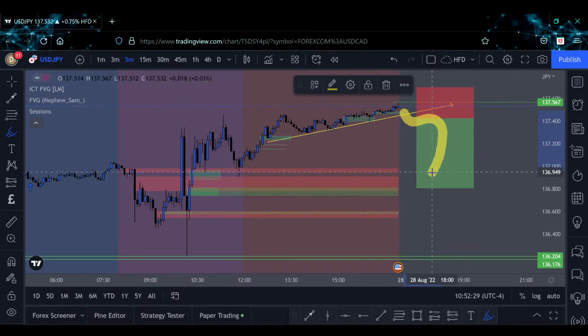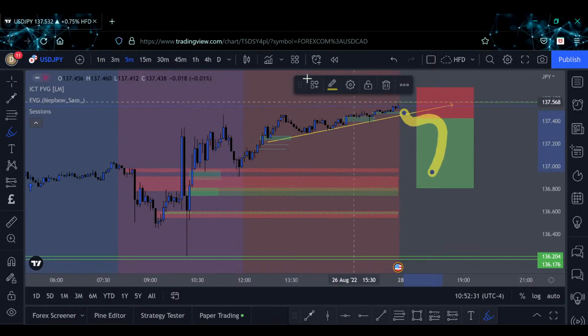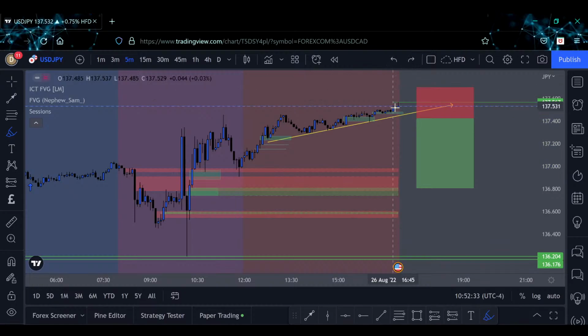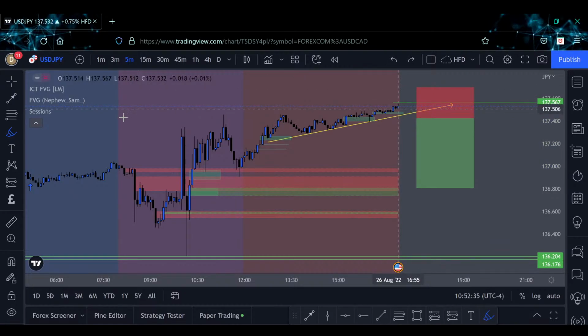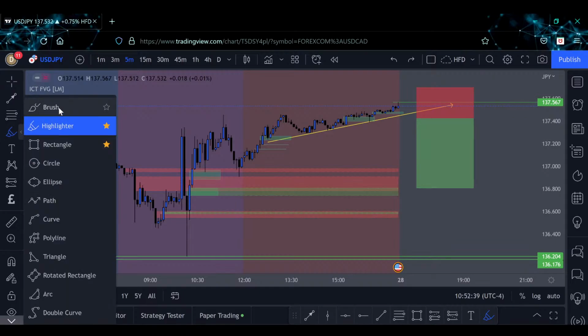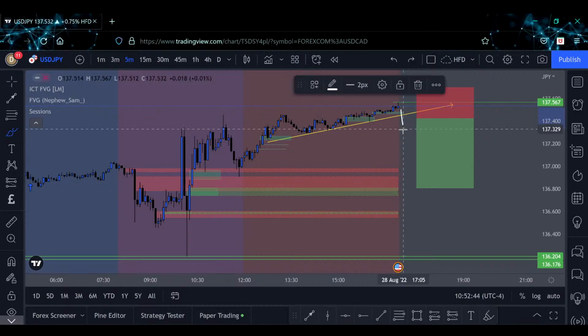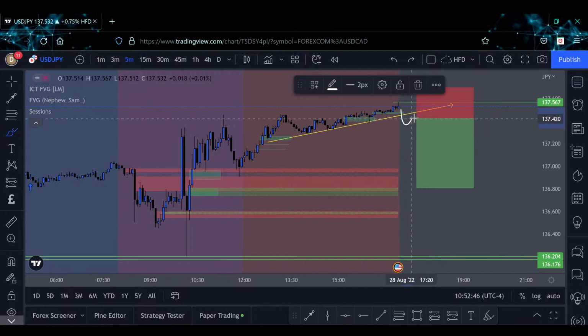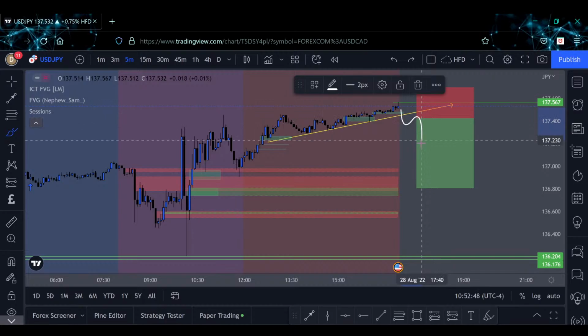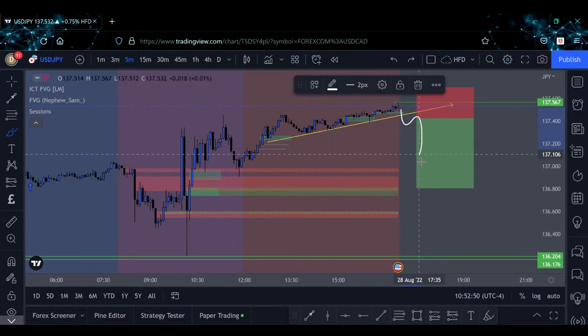Something like this. That's horrible. Maybe this will be better. A break, retest, continuation.